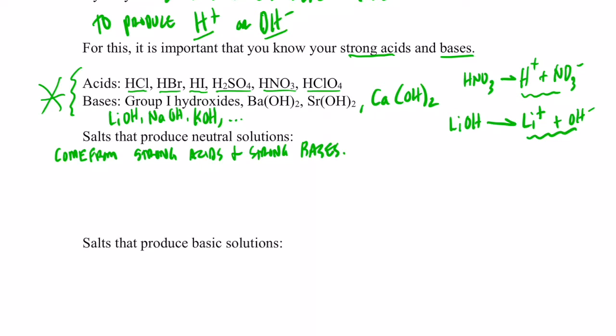Well, let me give you a classic example: NaCl. Doesn't sodium come from one of your strong bases? And doesn't chloride come from one of your strong acids? Now, when I place sodium chloride in water, they dissociate to produce sodium ions and chloride ions.